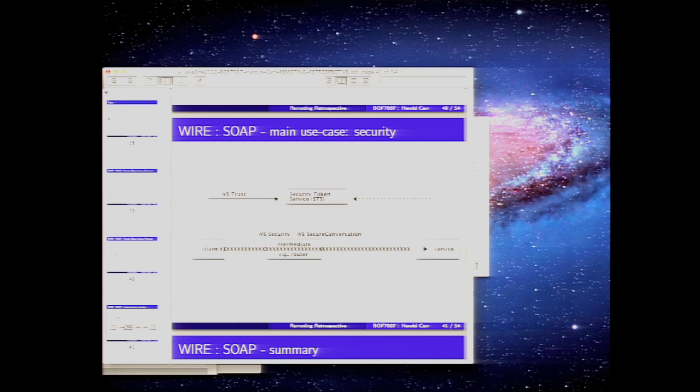All your code does is a regular remote method call, but under the covers, it's doing this handshake with the STS to get this token. Once it has that token, it uses that and some other stuff to build public-private keys, and it does encryption and signing on the wire using WS security, and that's end-to-end security.